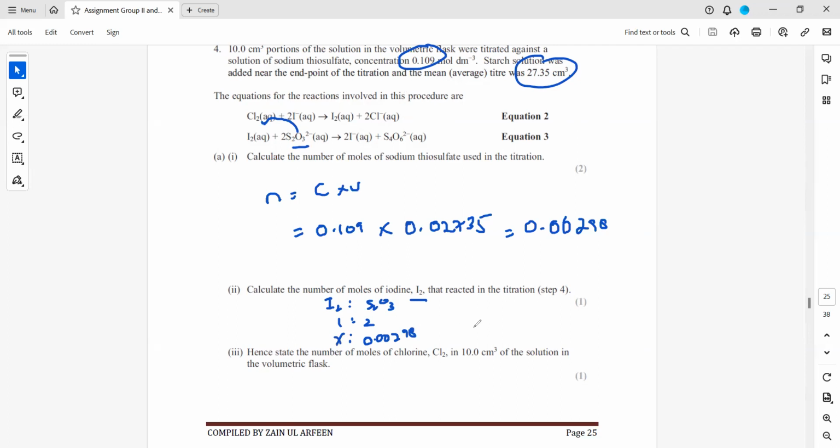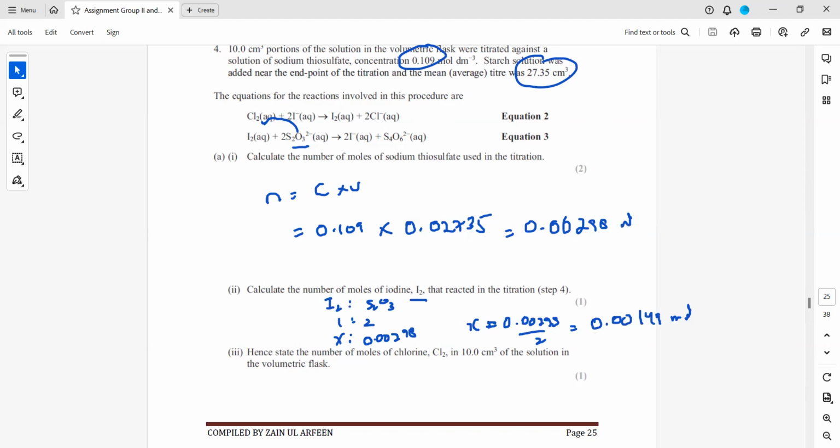X, cross multiply. So X will be 0.00298 divided by 2. This will give us the moles of iodine, which is half of 0.00298, so 0.00149 moles will be there for iodine.